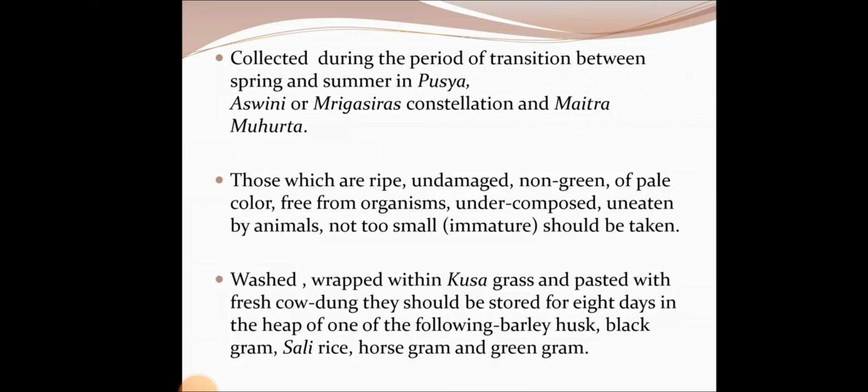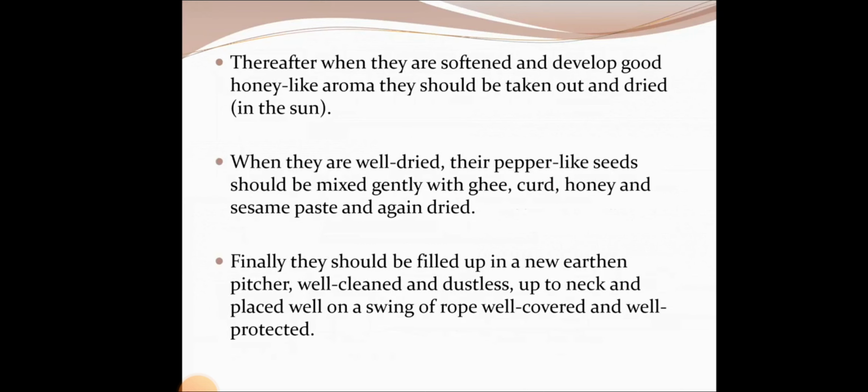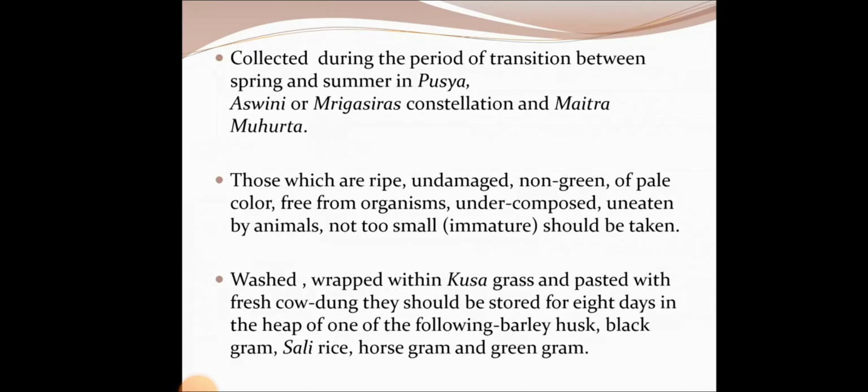Any one of Yava, Tusha, Masha, Shali, Kulattha, Mudga, Palala, etc., and they should be stored for 8 nights in a heap of it. So first we have collected the drugs, noted the quality of fruits, that is ripe, undamaged, non-green, etc. They should be washed, wrapped with kusha grass, pasted with fresh cow dung, and stored in a heap of Yava, Tusha, Masha, etc.